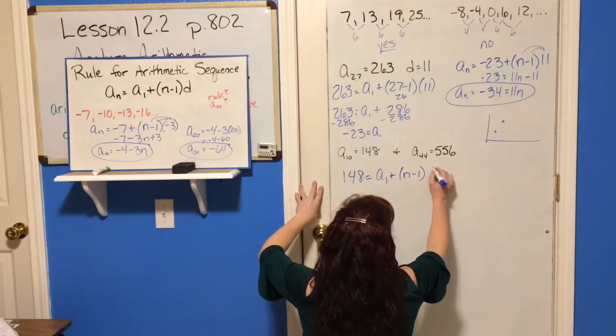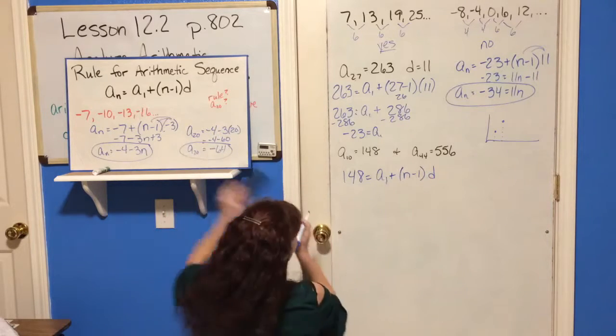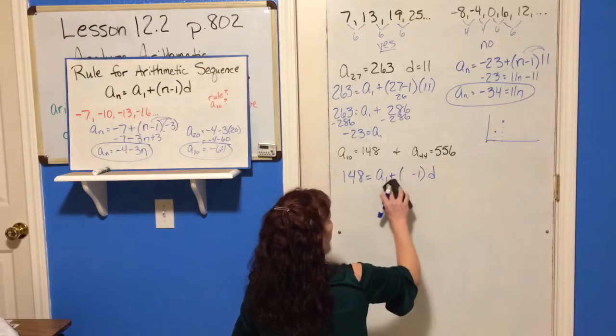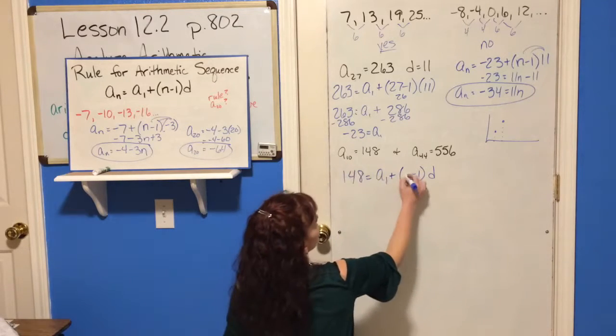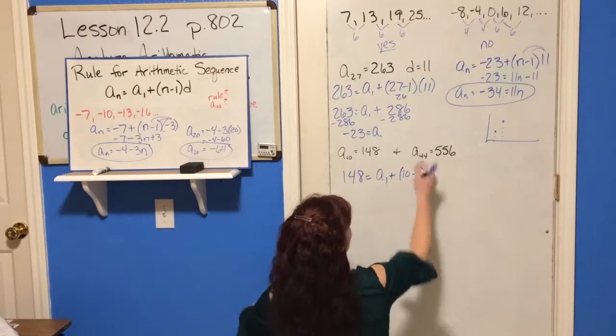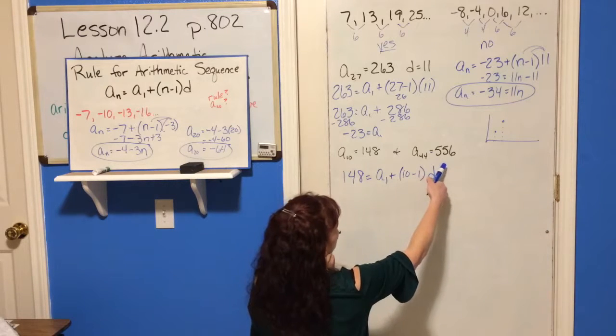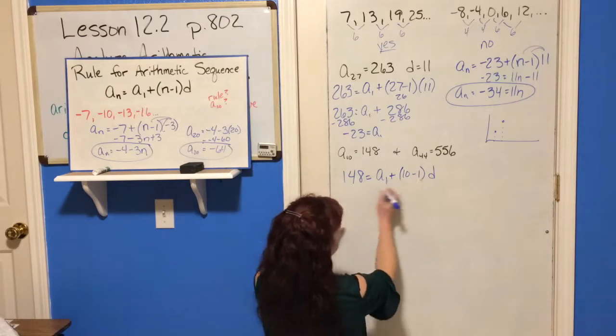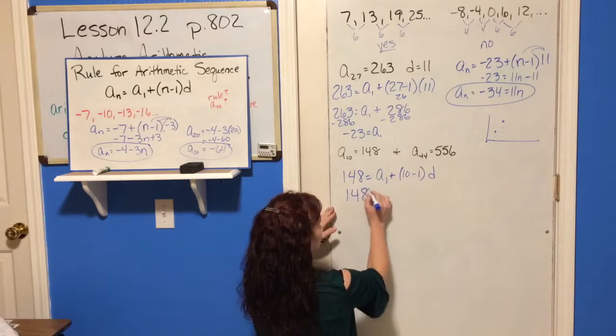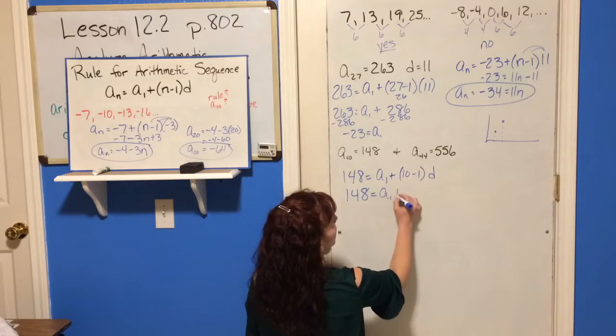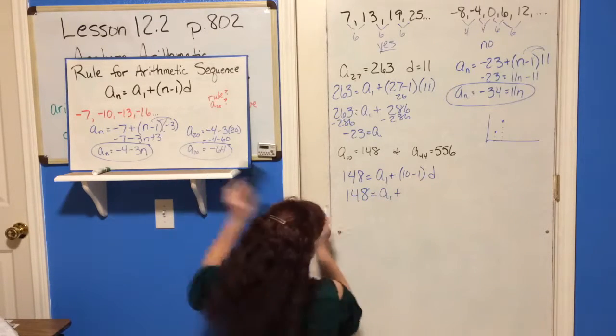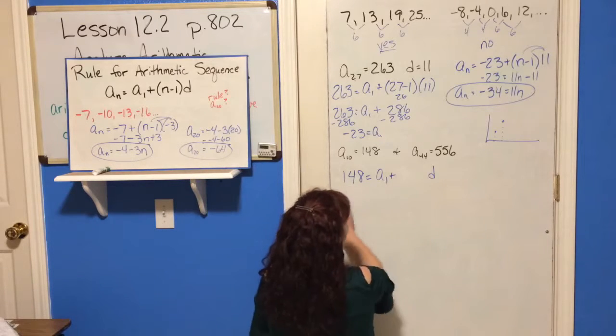We don't know d. Oh, we do know n, silly. I was going to say we have to know something else. There it is. The n is that part. Okay, so actually let's simplify this a little bit. So 148 equals a sub 1 plus 9d.